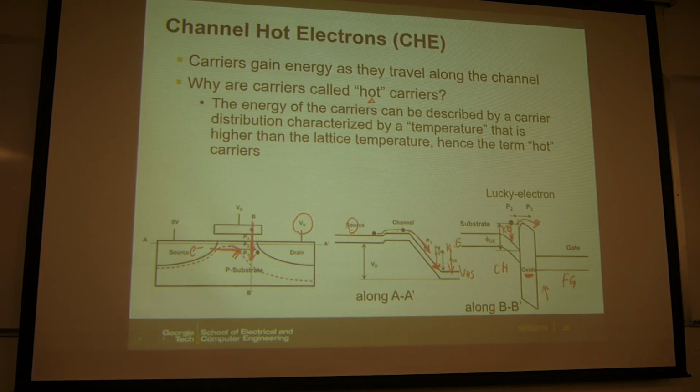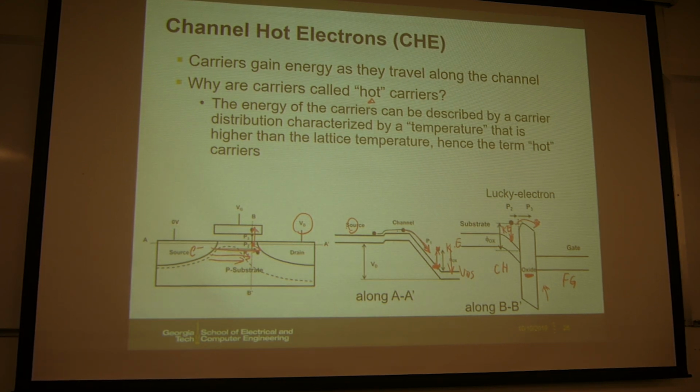So as the current flows, the electrons move from source to drain, but there is some probability for the electrons to get into the floating gate over the oxide. This is called hot electron injection, and it is one of the mechanisms to inject electrons to the floating gate.